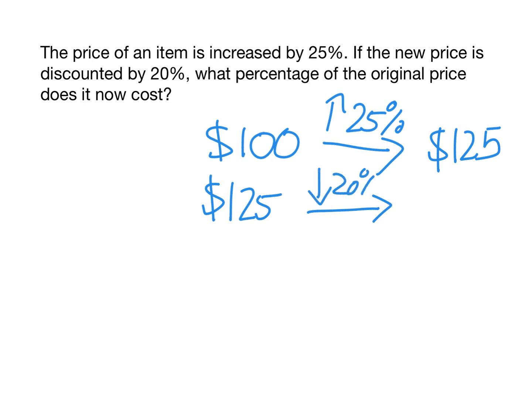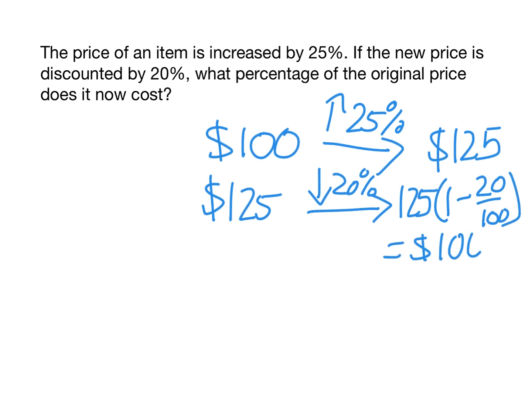That one's not as easy to do in your head. You just go 125, and to decrease by 20%, you times by 1 minus 20 over 100. And it turns out that you actually get 100. So obviously the answer is 100%. The item now costs 100% of the original price. It costs what we started with.